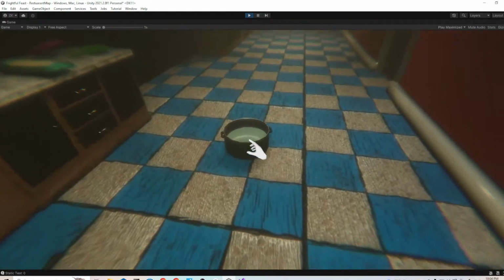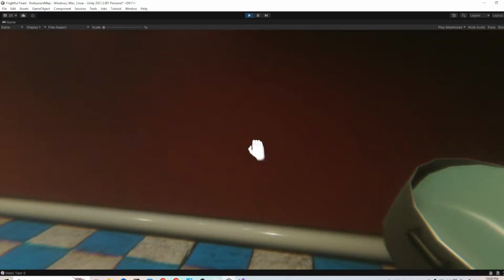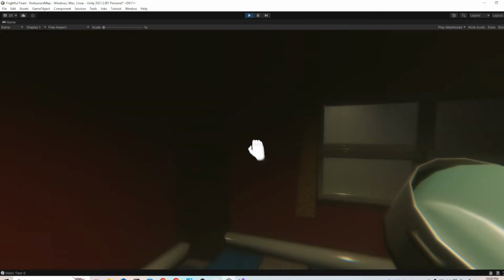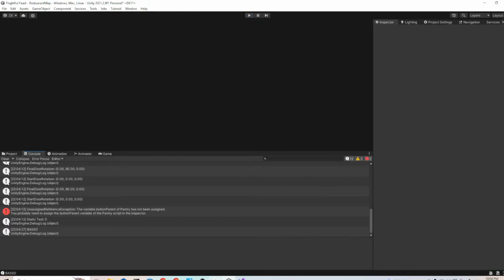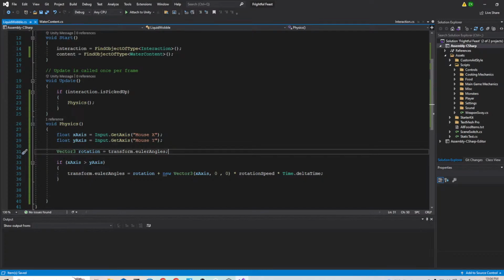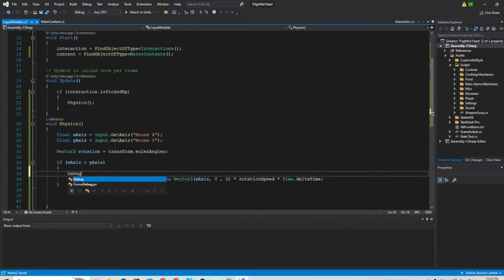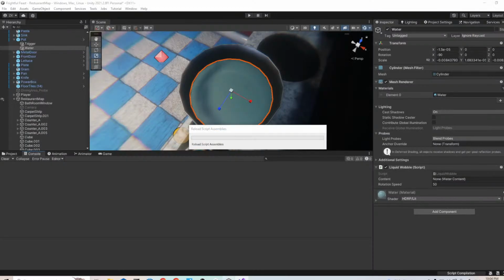Oh, what the? And then it... Why does it do that? Debug.Log x-axis. I honestly did not think this part would be that hard.